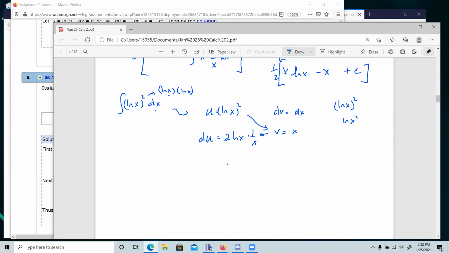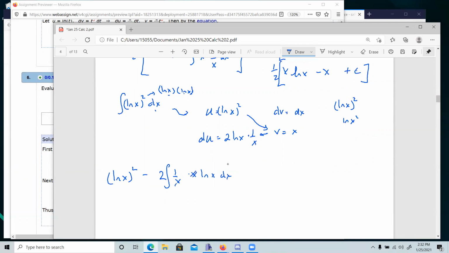Let's set up our box. So we have ln x squared minus 2 integral 1 over x times x ln x dx.